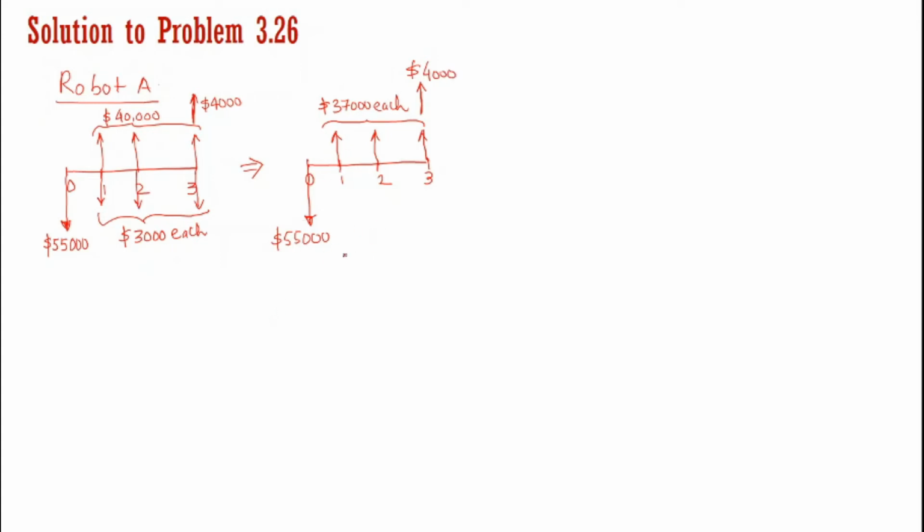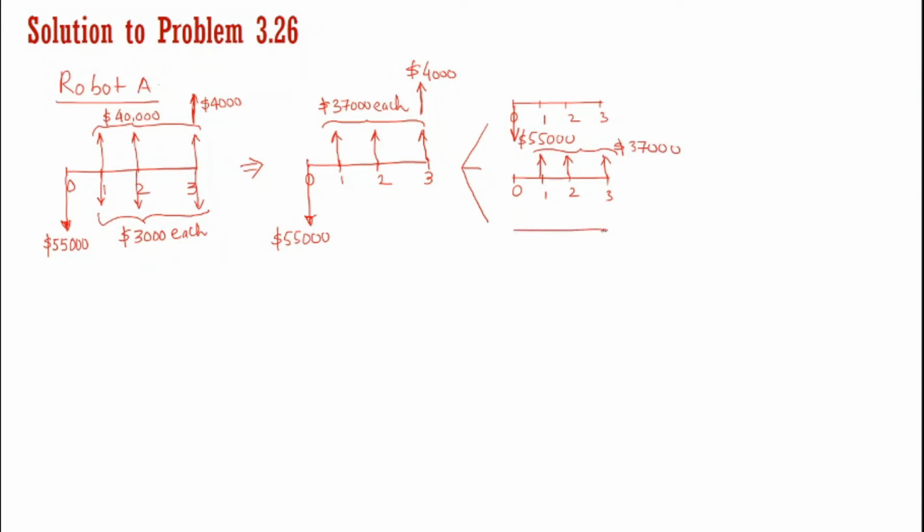Now to compute the net present worth of this cash flow, just for explanation, I may split this into three parts. We have one transaction here, $55,000, which is already at the present point of time. We have another series where we have annuities starting at the end of year 1 and continuing till the end of 3 years, of course, of $37,000 each.